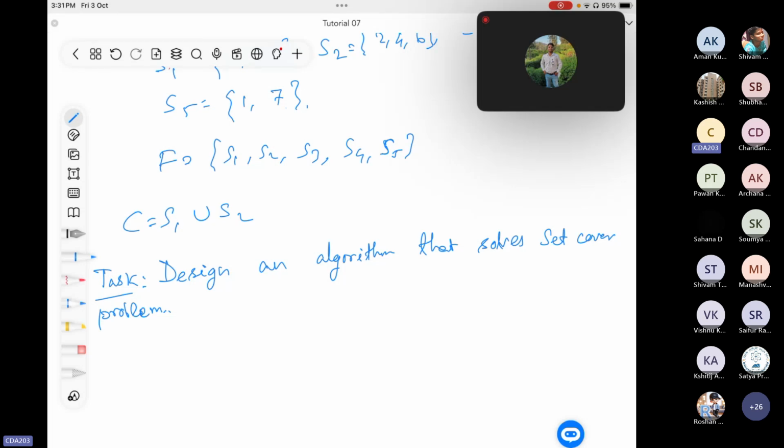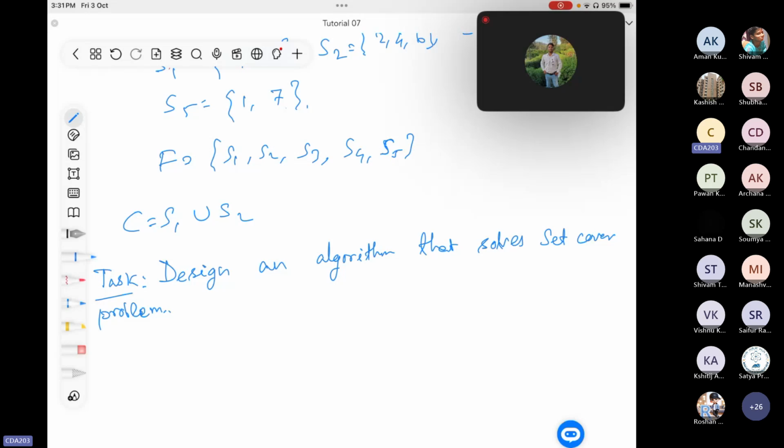Okay, the algorithm that I'm going to discuss now may seem like it will give you an optimal solution, but it's not guaranteed that it will give an optimal solution every time. So it's actually an approximation algorithm.